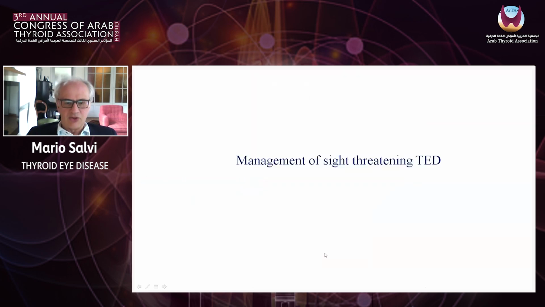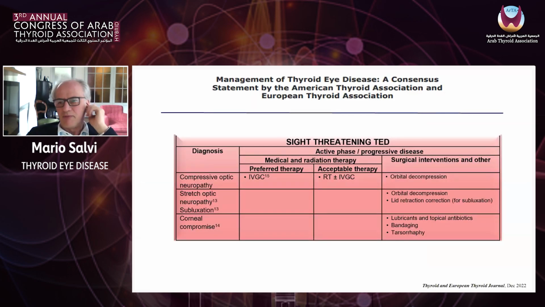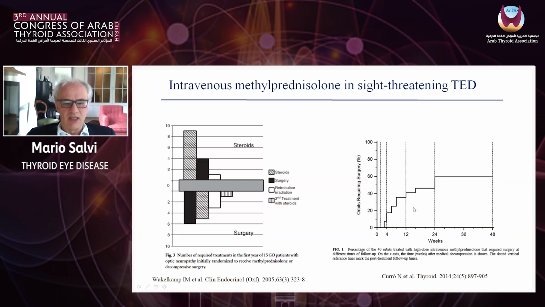Just to conclude, the more severe cases of disease are the sight-threatening disease. It is suggested to use intravenous steroid at first, and if there's no response, obviously orbital decompression is the alternative. This comes from an early study from the Dutch group in the early 2000s, and it was confirmed by our group in Milan.